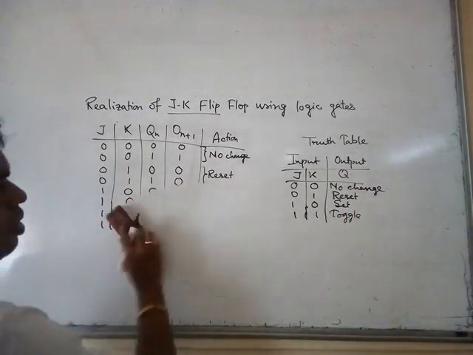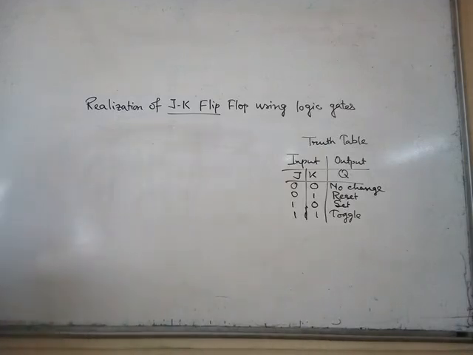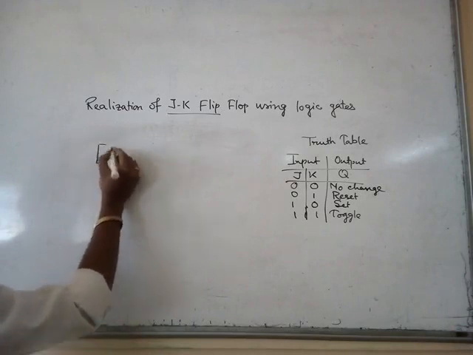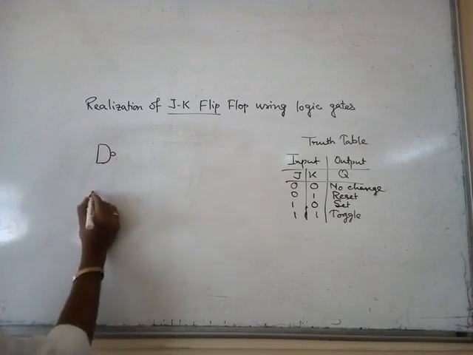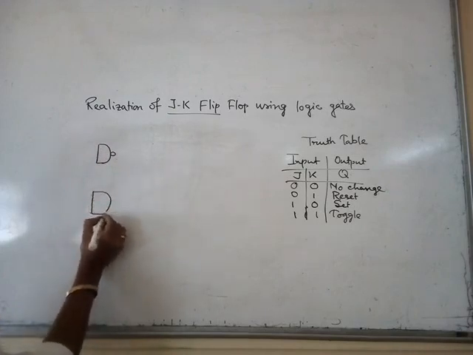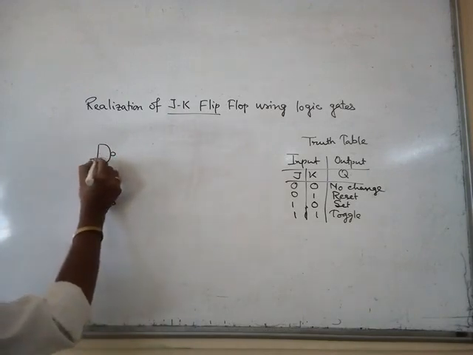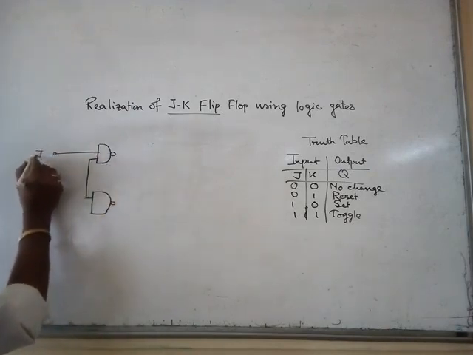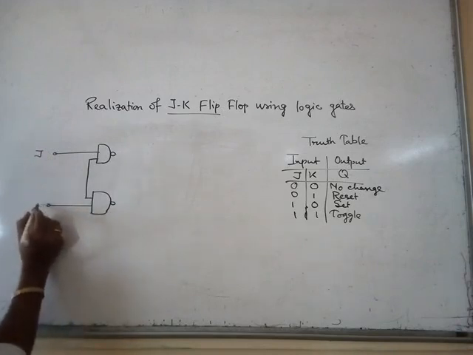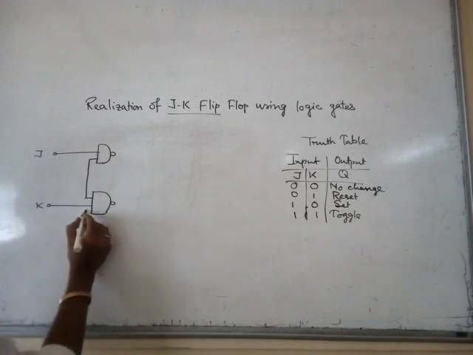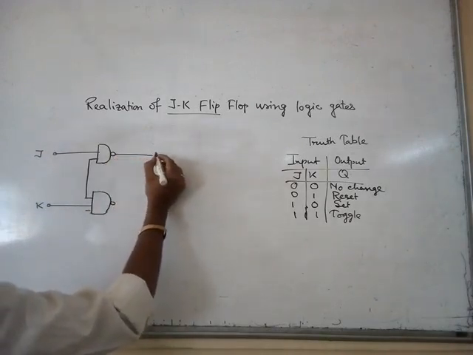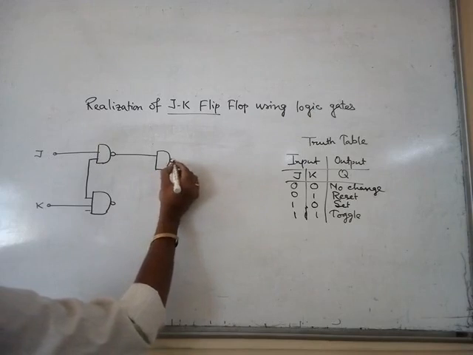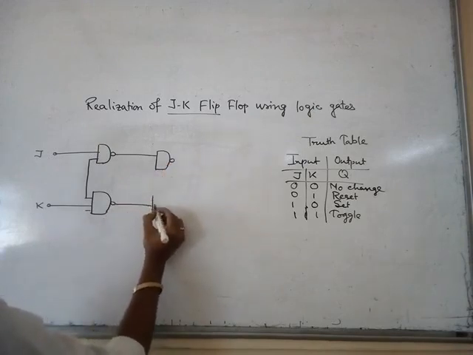Now we draw the circuit diagram. It has an input, that is J. There is another input, K. Output of the first NAND goes to the other NAND. It will be the same.